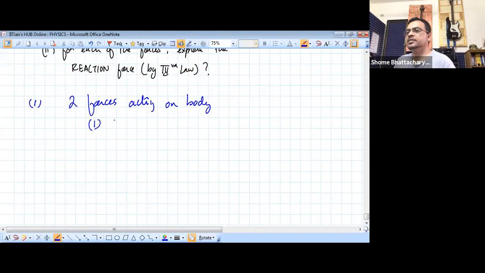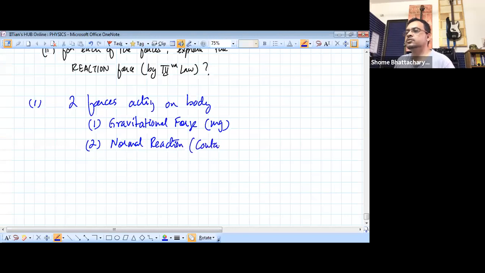One is the gravitational force, which I'll write as mg, and the other is the normal reaction, and this is a type of force which is called contact force, because it's acting because of the contact between two surfaces. That I'll write with a simple N.